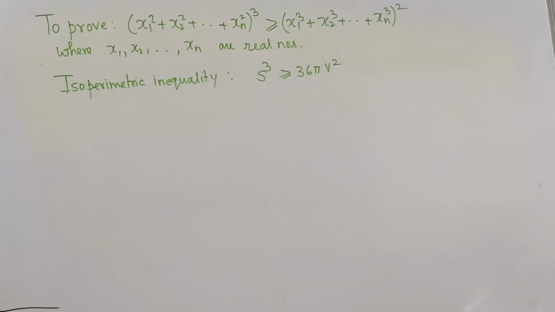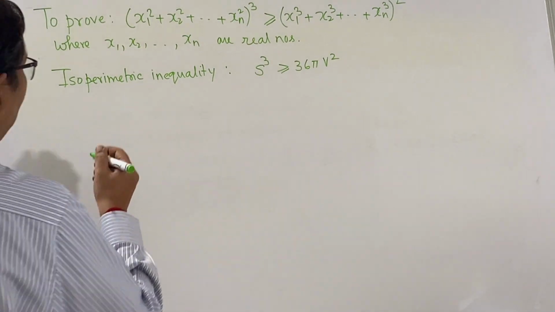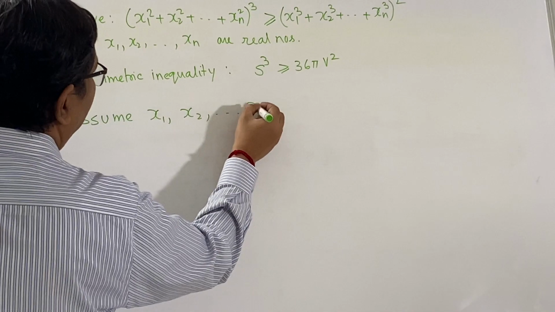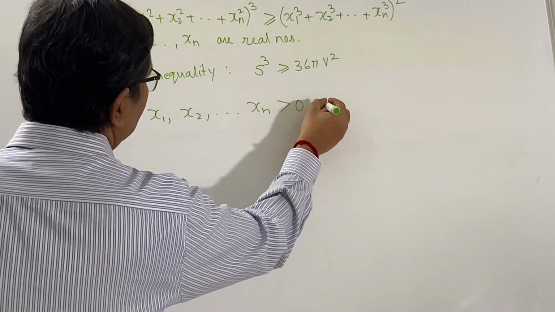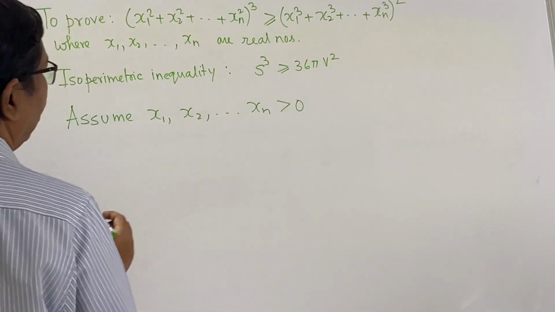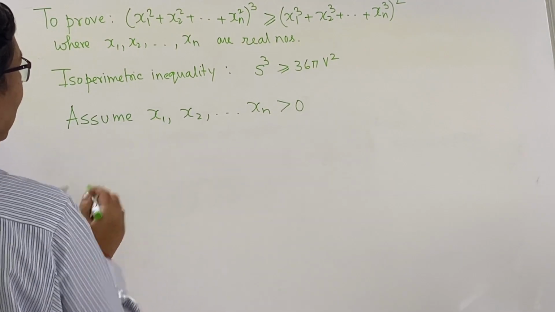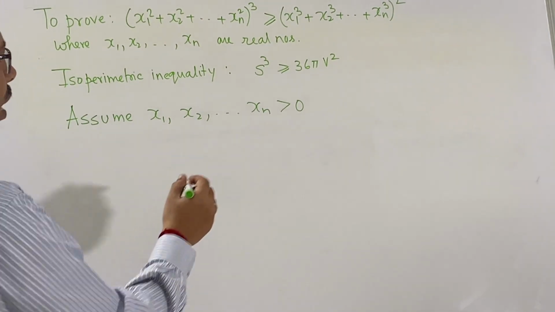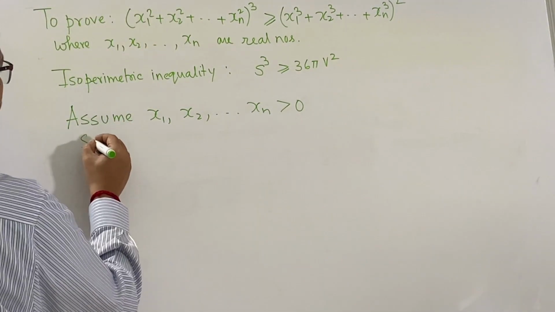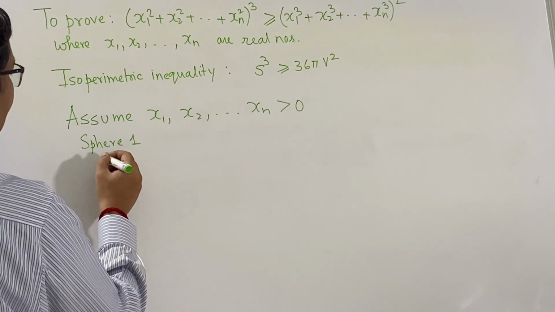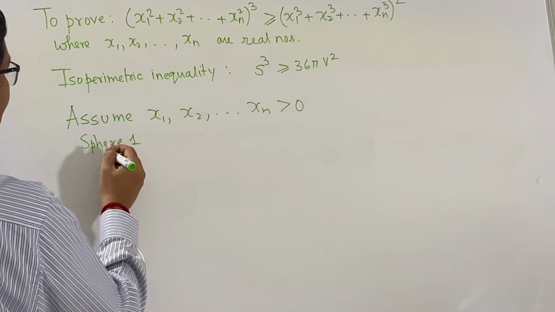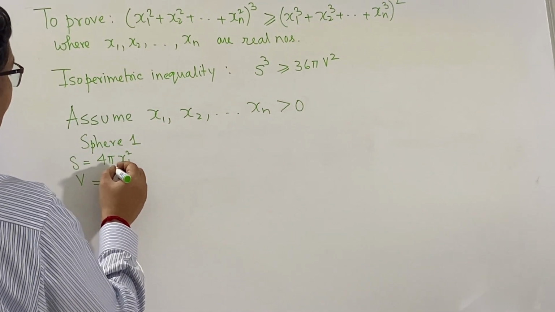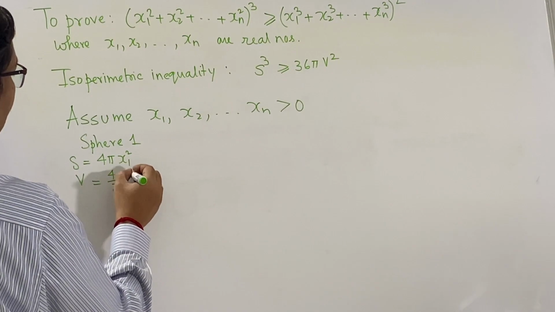So how do you proceed? In the first case, let us assume that x1, x2, ..., xn are all positive real numbers. Now consider having n spheres, the first one of which has radius x1, the second has radius x2, and the nth one has radius xn. So for sphere 1, the surface area is 4πx1² and the volume is 4/3 πx1³.